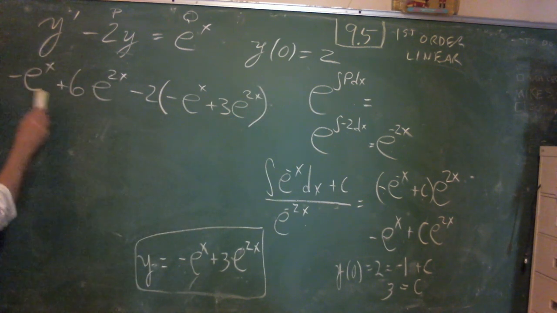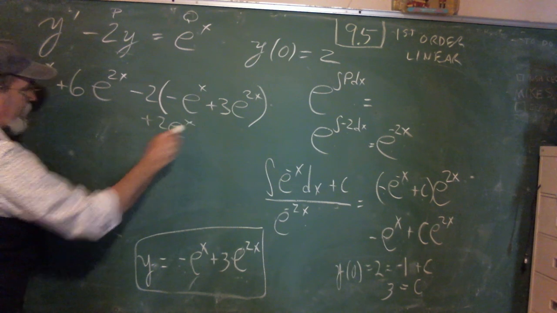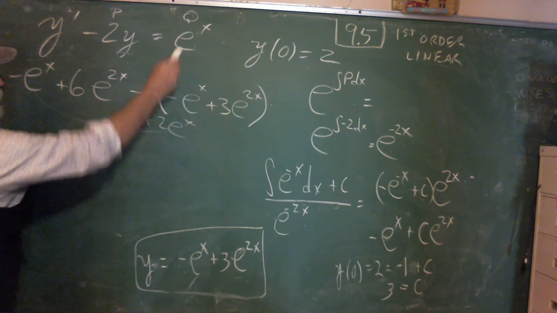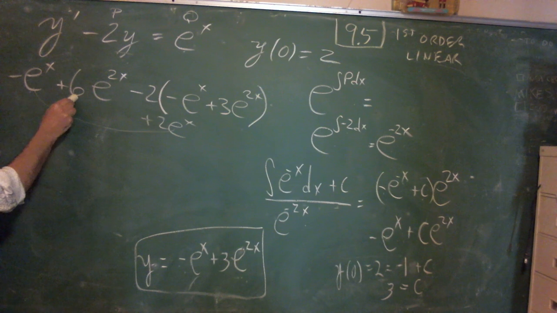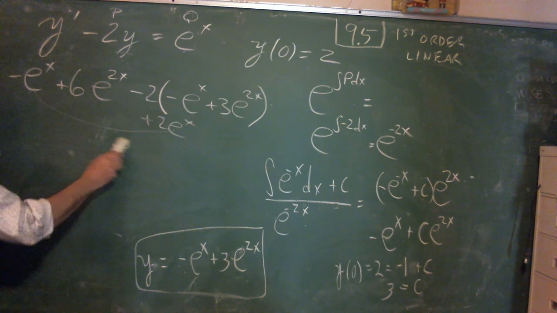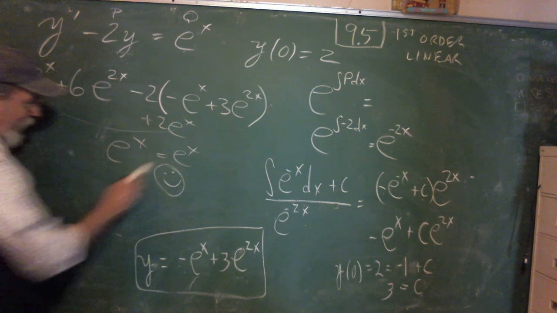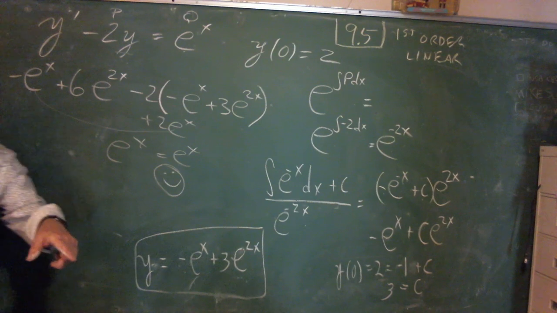And if you notice, I have negative e to the x plus 2e to the x. So that leaves me with just a single e to the x, and the 6 e to the 2x minus 6 e to the 2x. I just get an e to the x equals e to the x, and I get a smiley face. I did okay. That's how you check a differential equation.